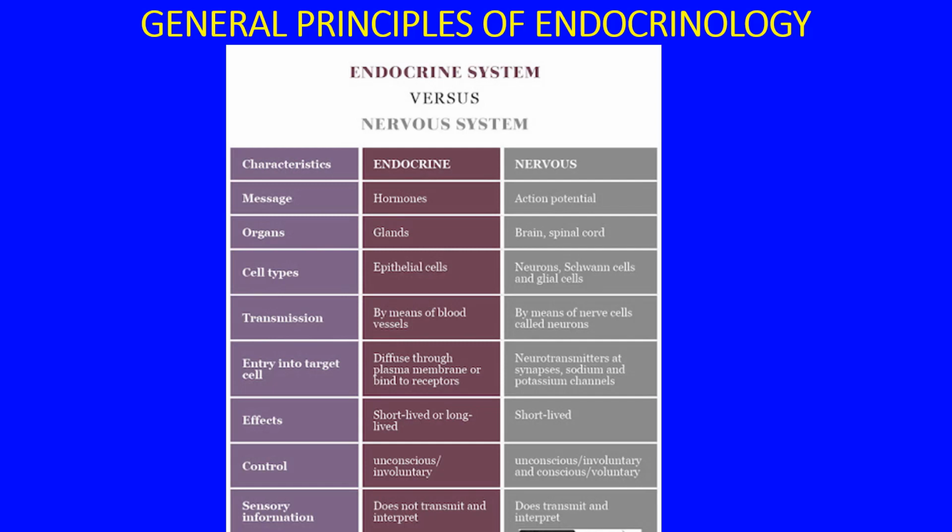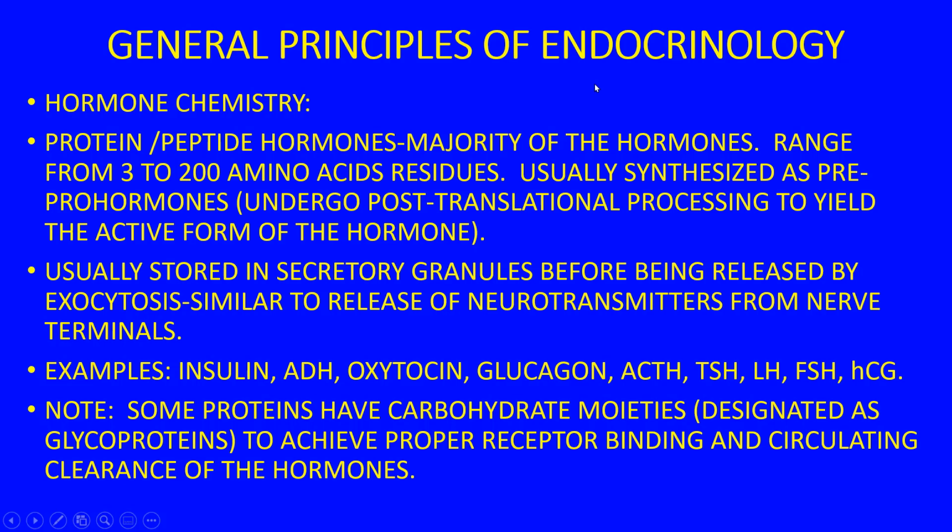Let's move on. When I talk about hormone chemistry, okay, this is where we get into this. If you've ever had biology or biochemistry, sometimes it's almost like, are we talking about a protein or a peptide? What's the difference? We all know that the basic building blocks of proteins and peptides are amino acids. And if you read your books, sometimes you'll find that they use these terms, protein and peptide.